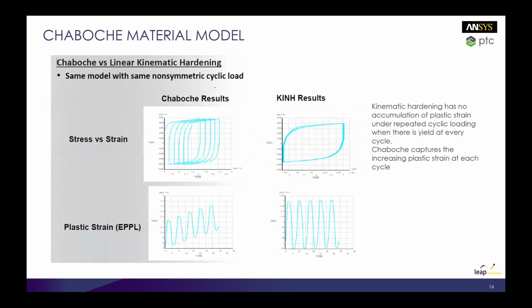With cyclic loading, particularly large strain cyclic loading, we have a material model called the Chaboche material model. Here you can see the stress strain results, and you can see a hysteresis loop developing. With kinematic hardening, you go around the loop, so you don't accumulate any plastic strain on cyclic loading into the plastic region.